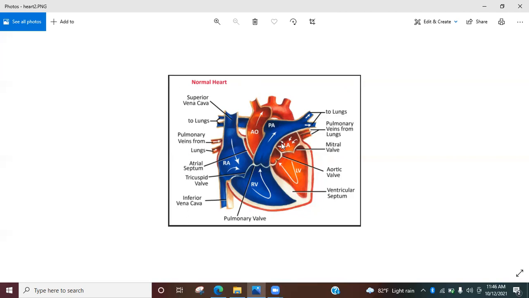This oxygenated blood, now in the left atrium, goes to the left ventricle, passing through the mitral valve or bicuspid valve. Then it goes through the aortic valve or semilunar valves to the aorta. Then the aorta transports blood to the organs.